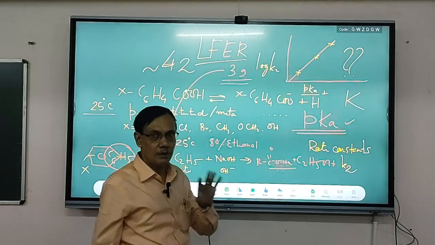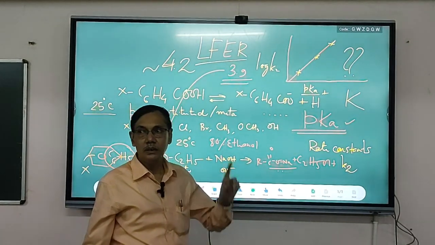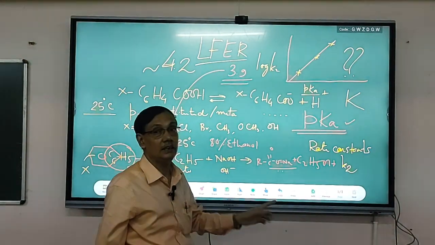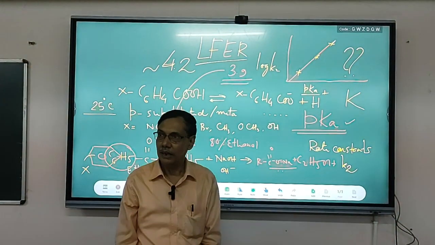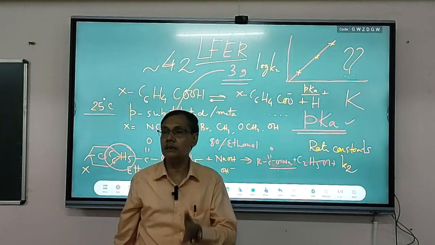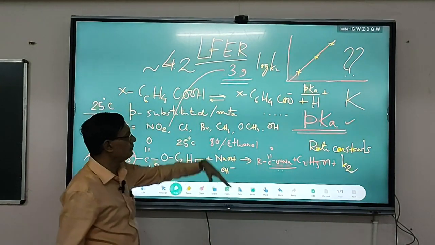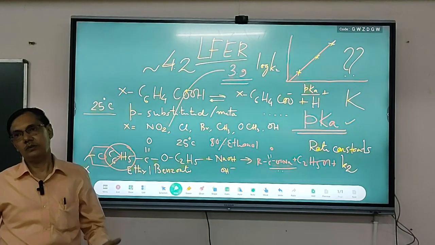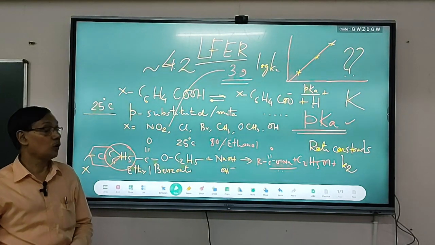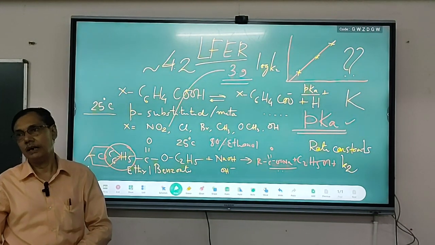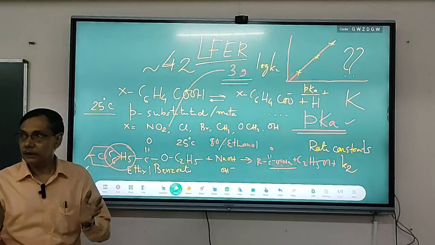So it's a very common question for the examination. Why is the Hammett equation called a linear free energy relationship? That means there must be some relation, and Hammett solved that problem and discovered the great Hammett equation.